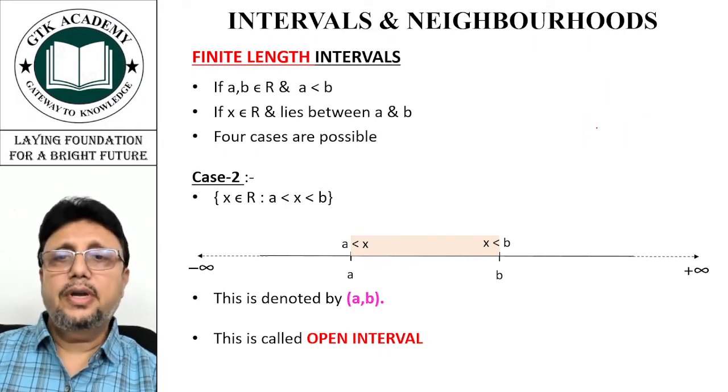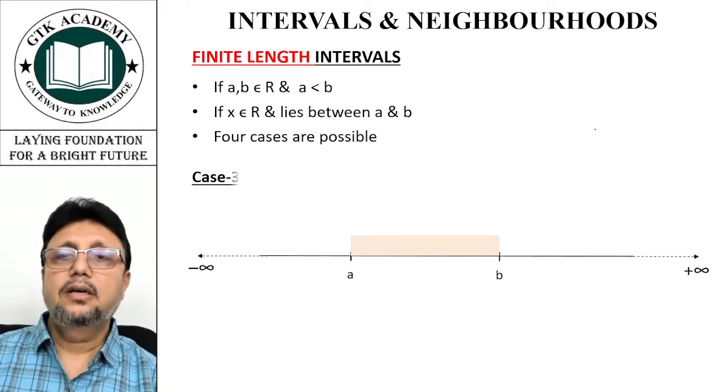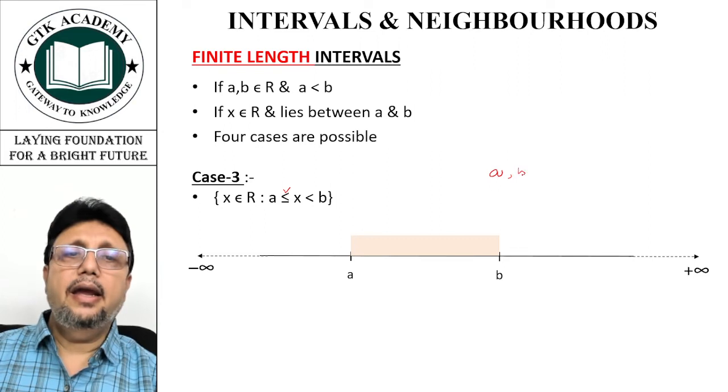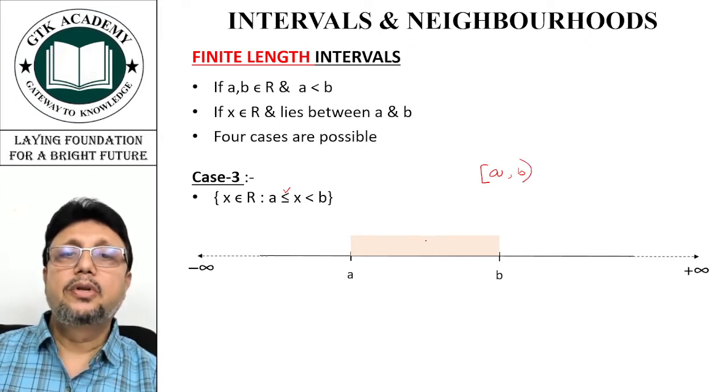Now there are two more cases. Case 3, x lies between a and b, x is less than b but is greater than or equal to a. That means a is included, so we'll put this bracket on the left-hand side, but b is not included, so we'll put this bracket.